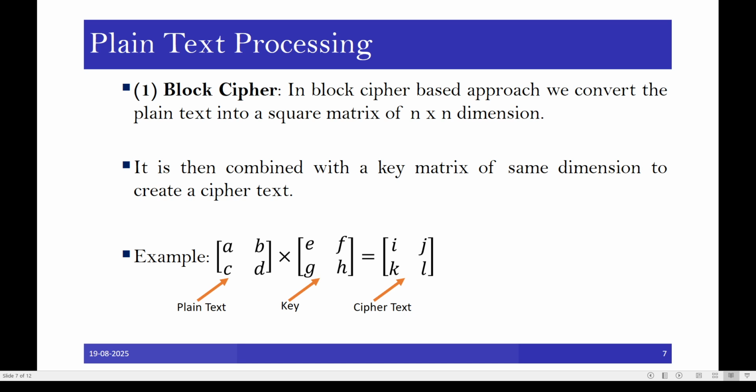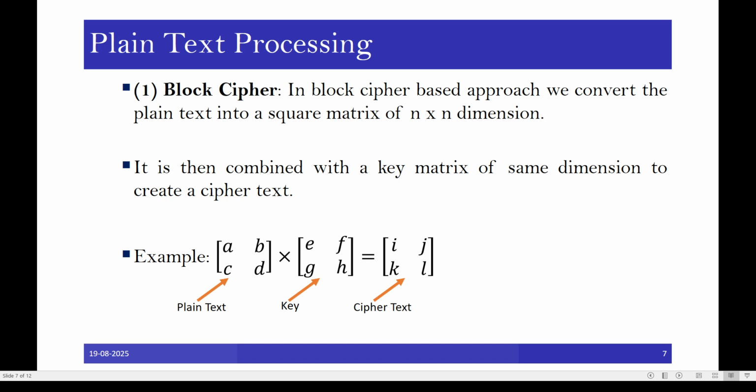So this is the overall idea of a block cipher. If we have a particular paragraph and we decide to go with a two by two matrix, we have to crop the initial part such that it takes a number of elements that can be put into a 2 by 2 matrix. Then we have a key, we combine that key with that matrix and create a cipher text.